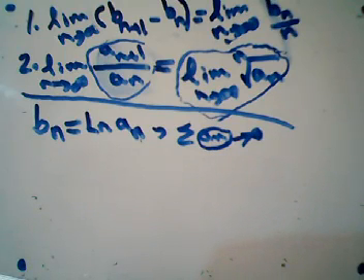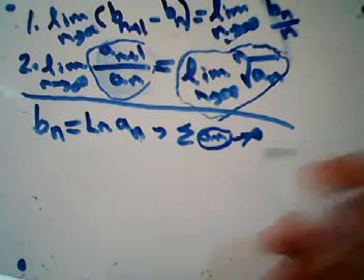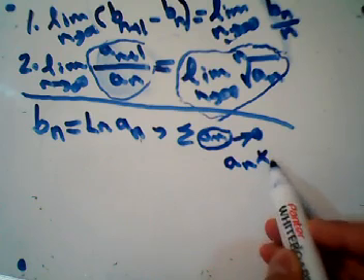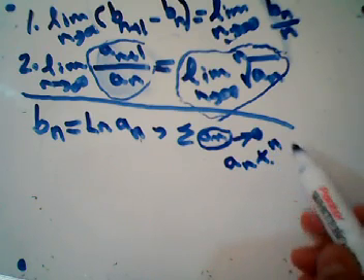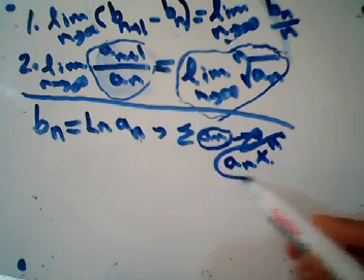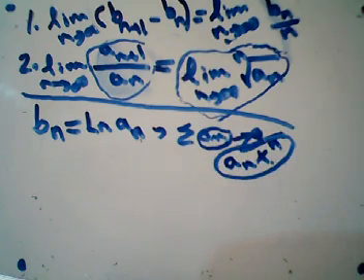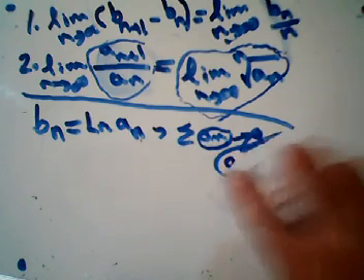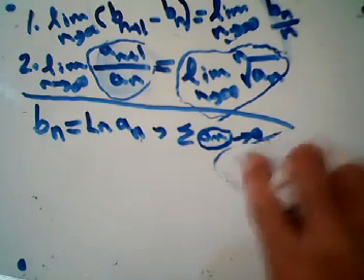In the power series we have something like this, but here a_n means the whole term, not just the coefficient of x to the power of n.